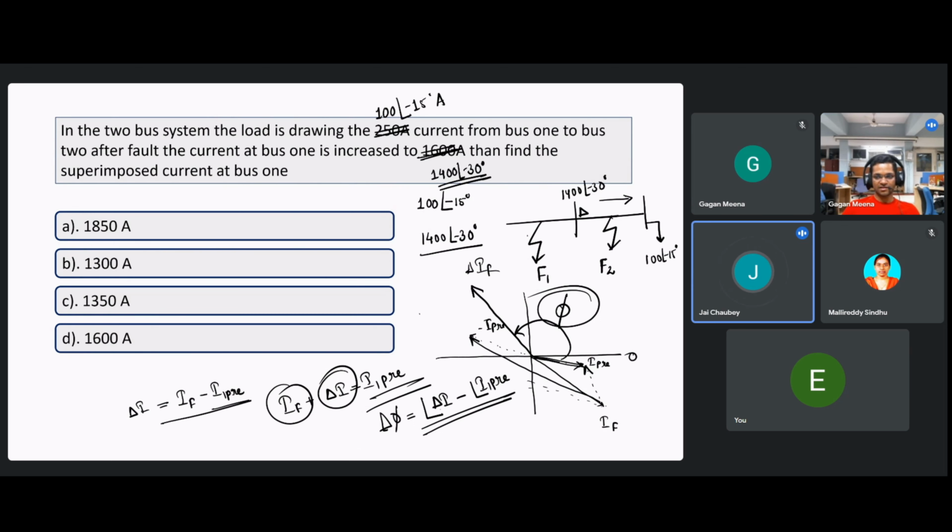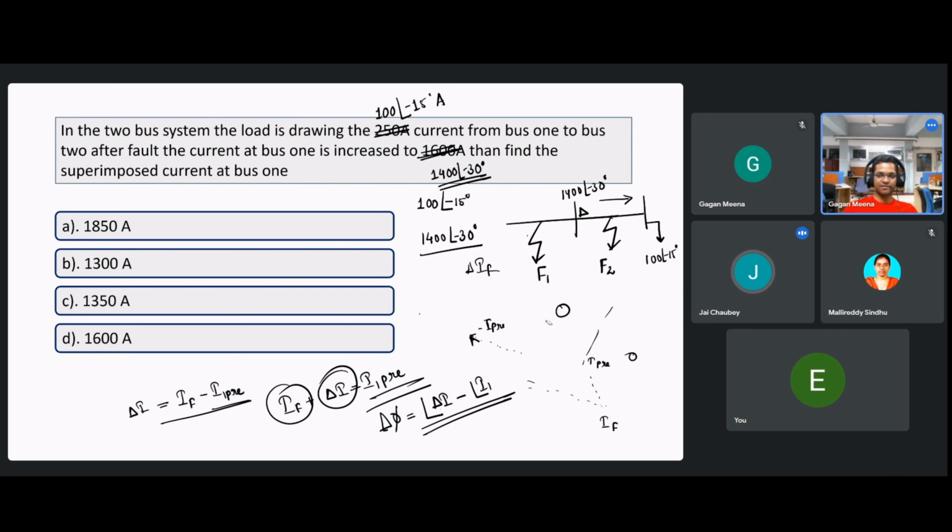IF will change, definitely. IF will become something like this. Now this will become the superimposed current. Now I3 is leading, so the angle will become negative. Correct? Yes. So this is the main thing.